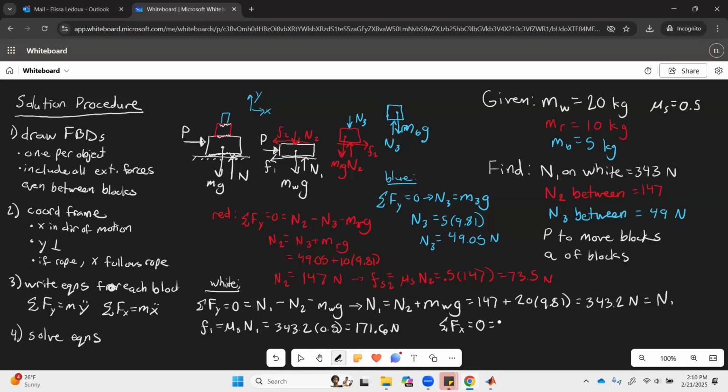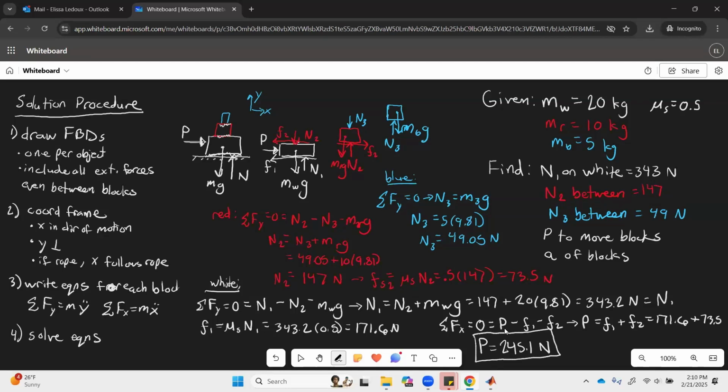Going to the right, we have P. Going to the left, we have F1 and F2. So P equals F1 plus F2 equals 171.6 plus our F2 we got over here, 73.5. And so P equals 245.1 newtons.